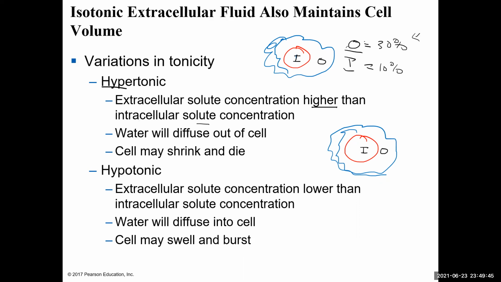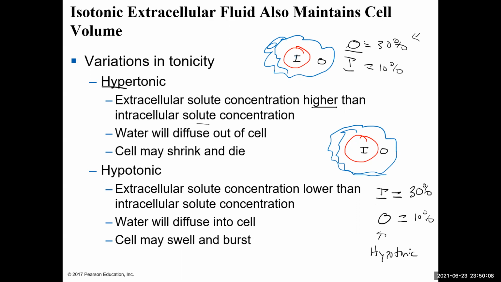Now, in this bottom scenario, you have your outer and inner. Let's say we switch the percentages. Okay, so the inner is higher than the outer, the extracellular. So now the extracellular is hypotonic.